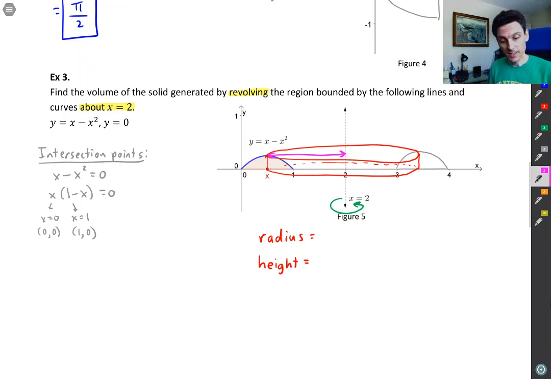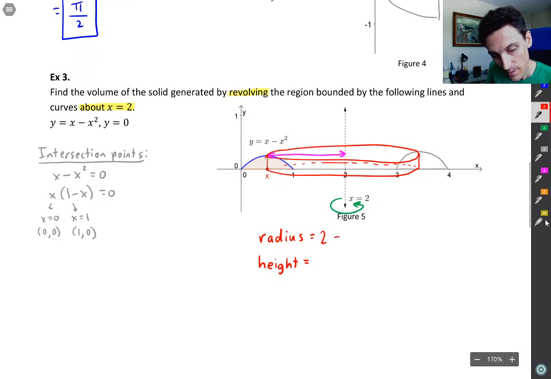To get a horizontal distance, we're going to subtract the right x value minus the left x value. Well, on the right, we've got x equals 2, that's the axis of rotation. On the left, we've got an x value of just x. So we'll have 2 minus x.